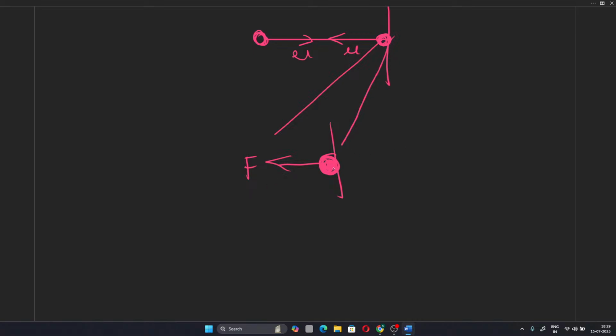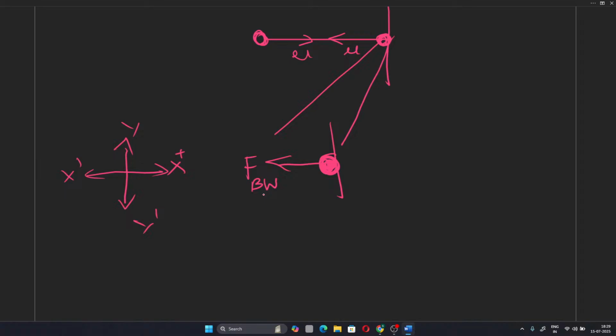In the case of the wall, this is the force on the ball due to the wall, which is acting when we resolve it into the axes or coordinates: positive x, negative x, y, and negative y.